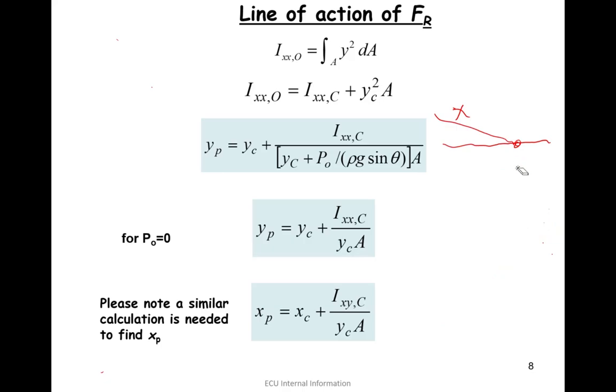However, if the shape does not have an axis of symmetry, we can use this equation to work out xp as well. This time we need to know what xc is, and the equation would be in this form. Then the moment of inertia would be in the xy direction, but in most cases we have an axis of symmetry. Just in case we don't, then we consider xp.